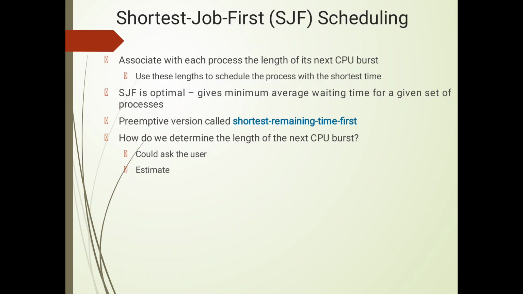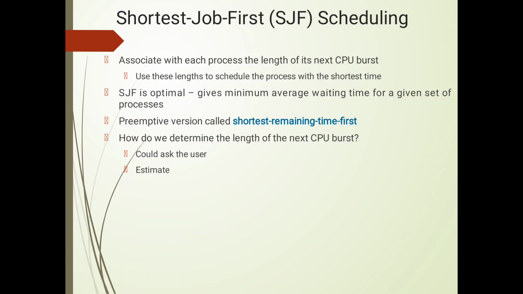For example, consider the processes P1, P2, P3, and P4, with burst times 6, 8, 7, and 3. In this scheduling chart, first P4 is executed, then P1, then P3, and P2.